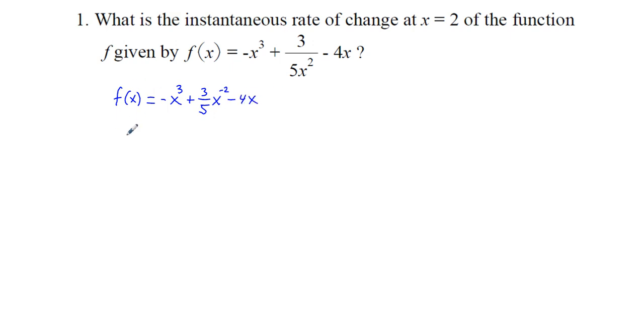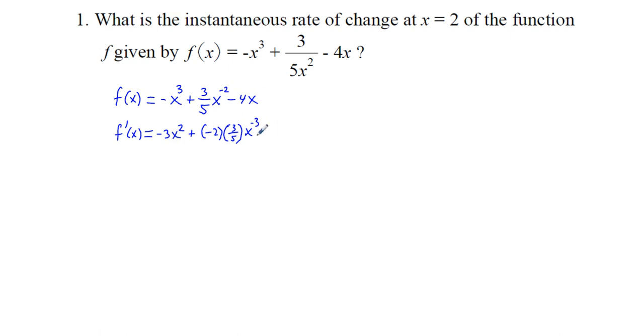And now we can find f prime of x by using the power rule. For this we have negative 3x squared. For this second term, we're going to add negative 2 times 3/5, and then we have x to the power of negative 2 minus 1, so x to the negative 3rd power.